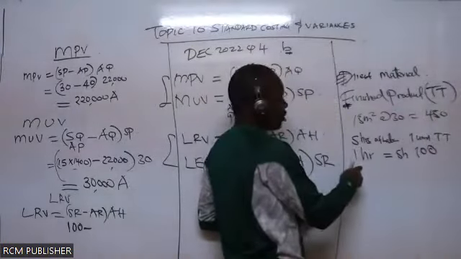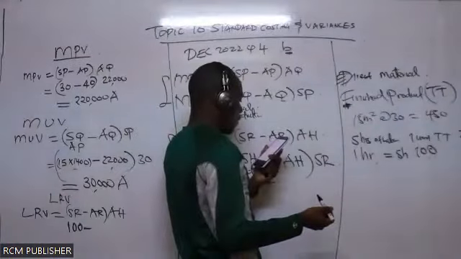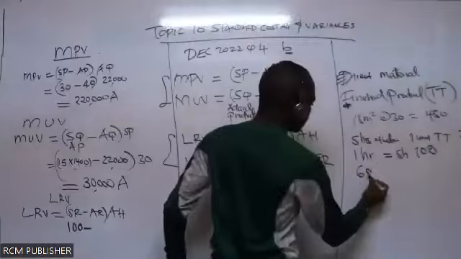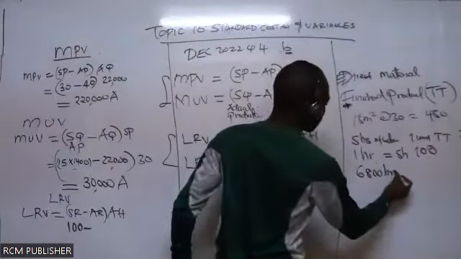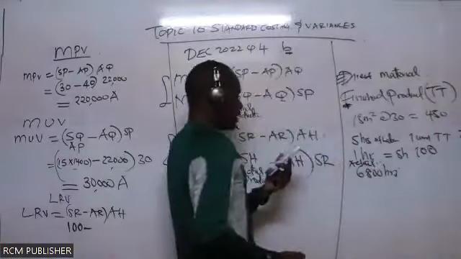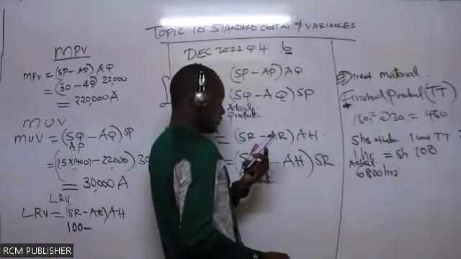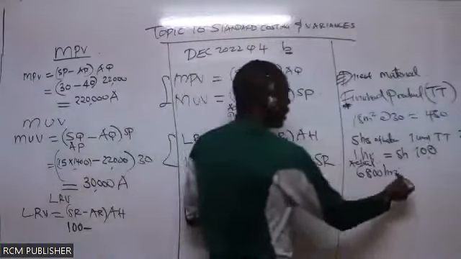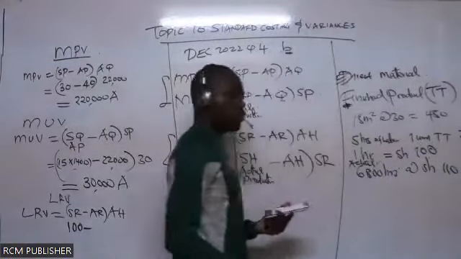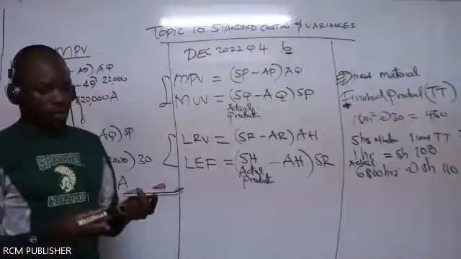If I look at it very well, for the actual, we have paid for direct wages 6,800 hours. That is the actual. But then, have we been given the rate at shillings per hour? We are given 110 per hour.